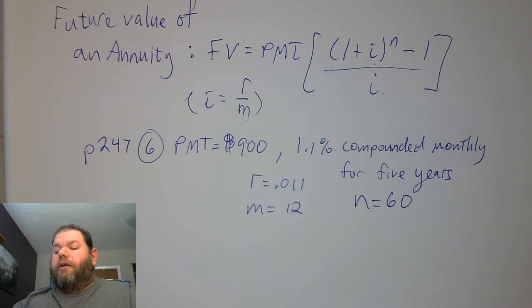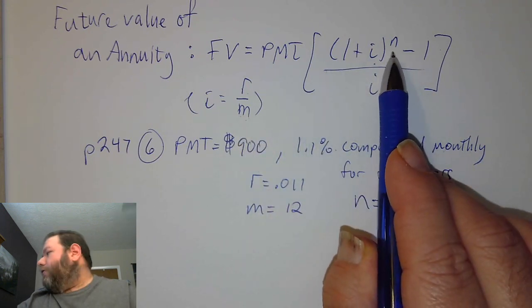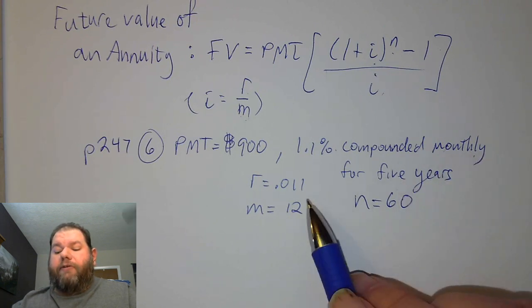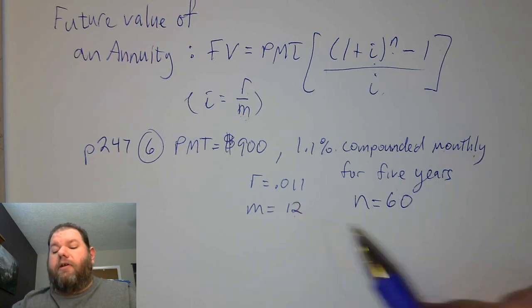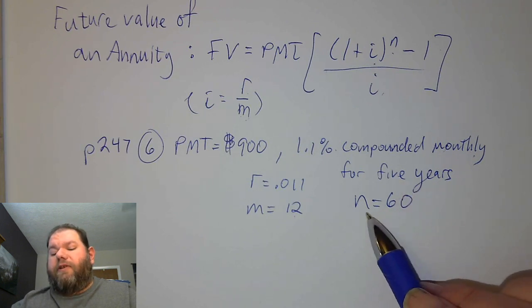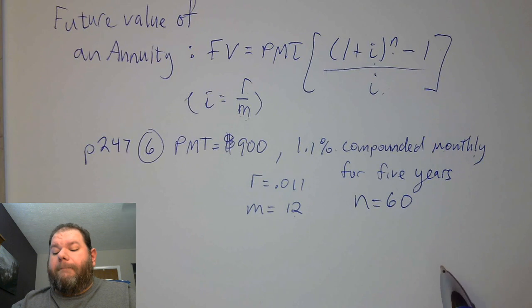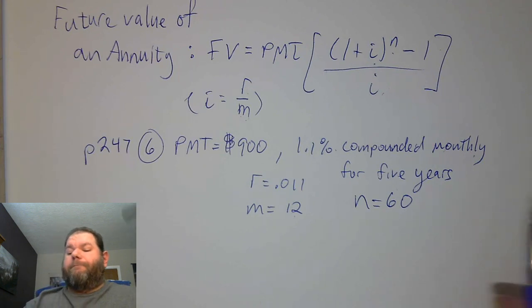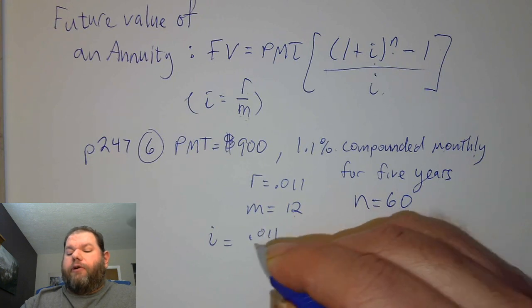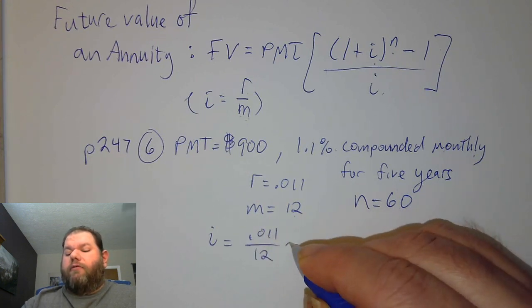Okay. So M and N are two different things. We want to make sure that we keep them straight. It's compounded monthly, so it's 12 monthly payments for 5 years, so 60 total payments. So I is equal to 0.011 divided by 12.